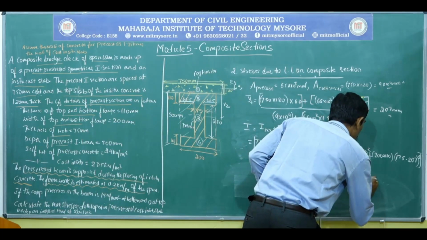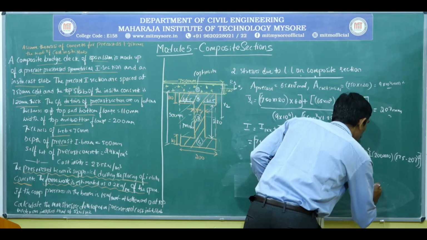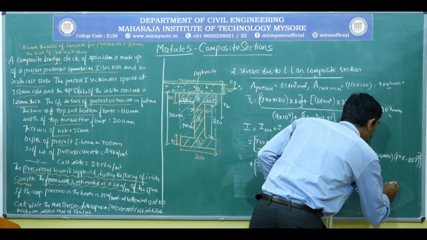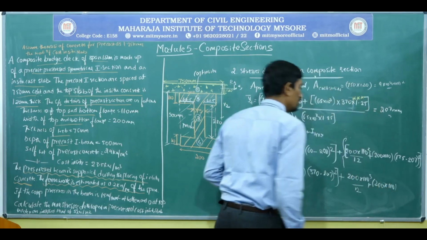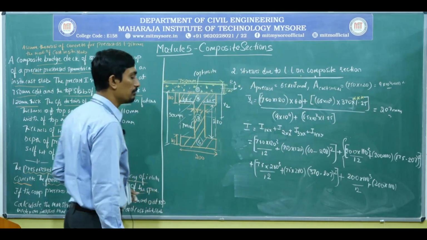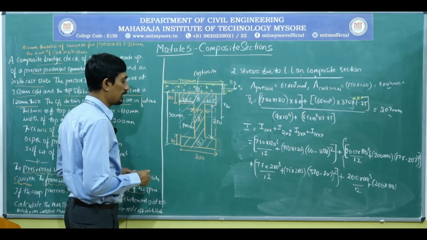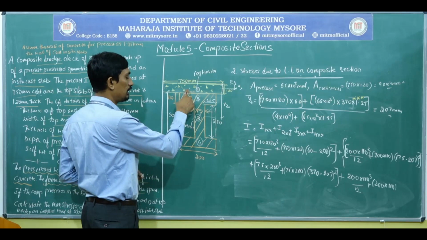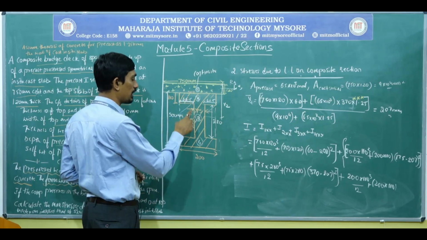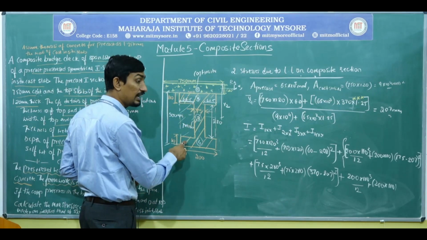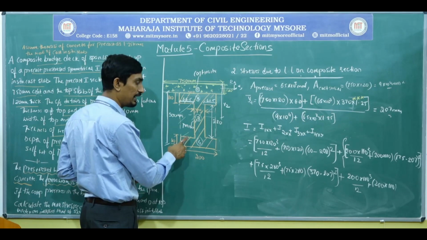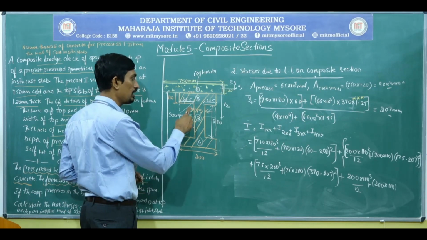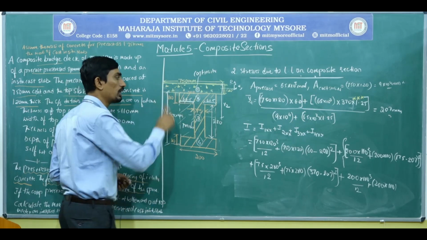200 into 110 cube by 12 plus 200 into 110, multiply by Y4, that is 120 plus 110 plus 280 plus 110 by 2, 110 by 2 plus 280 plus 110 plus 120.